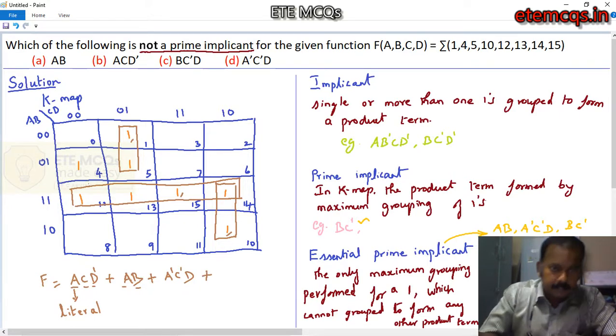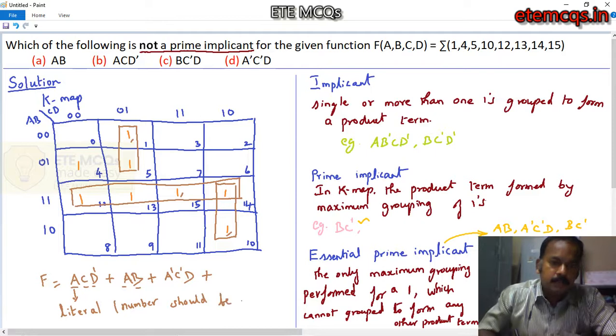Plus finally, for the sake of this one, it is irrelevant if you just look for a pair. You can form a quad. You don't have to bother about these 3 ones, they are already grouped. We need to end up with a Boolean expression in which the product terms have fewer literals. The number of literals should be minimum.